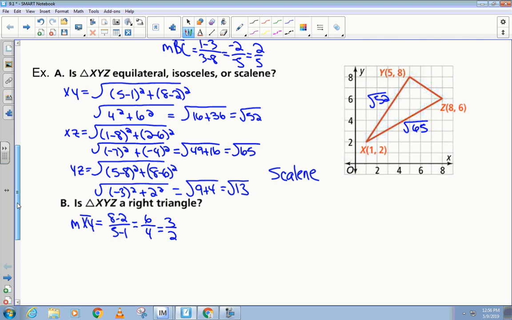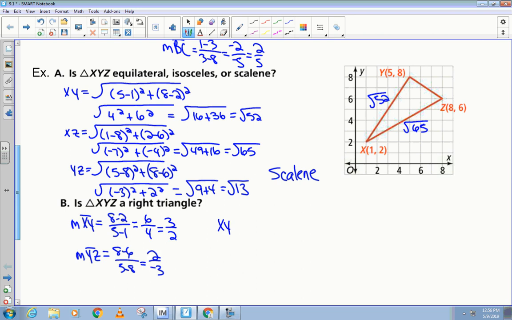Then we would look at the slope of YZ. That would be 8 minus 6 over 5 minus 8, which is 2 over a negative 3. What does that tell me? Their product is negative 1, which means they are perpendicular.